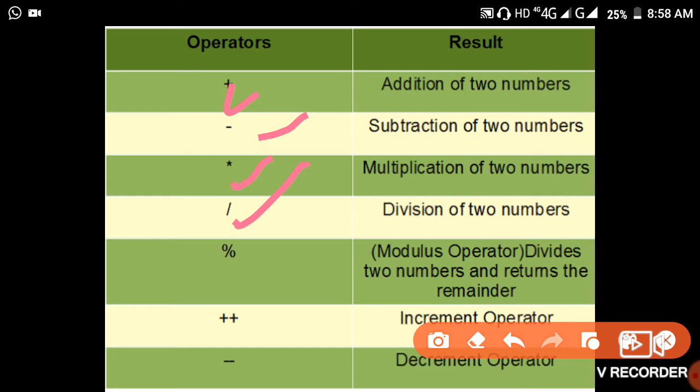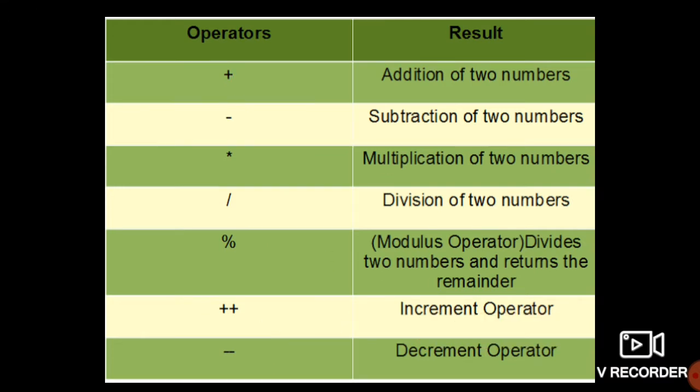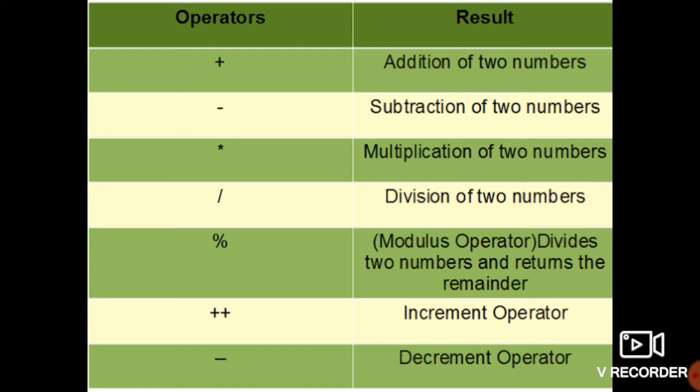Fifth is modulo. Modulo means the remainder operator. Then the increment operator and then the decrement operator. Now, you must be aware of most of these operators. Only the new operators are the last three, that is the modulo operator, the increment operator and the decrement operator.